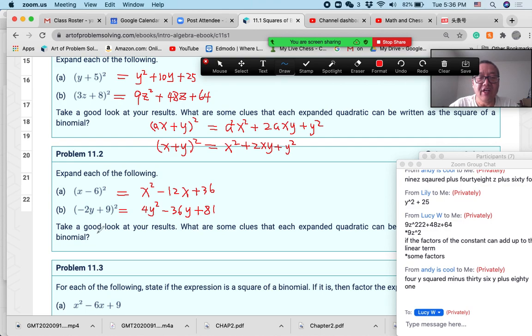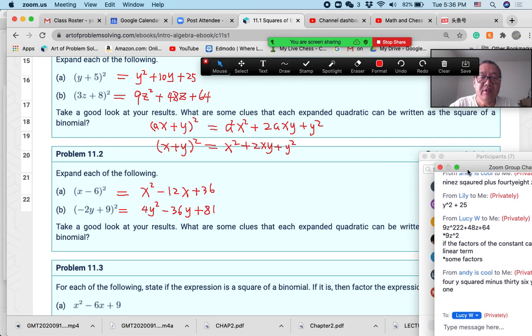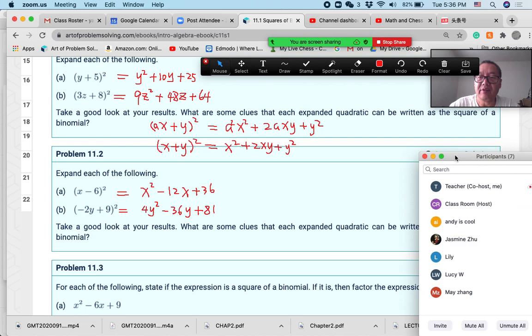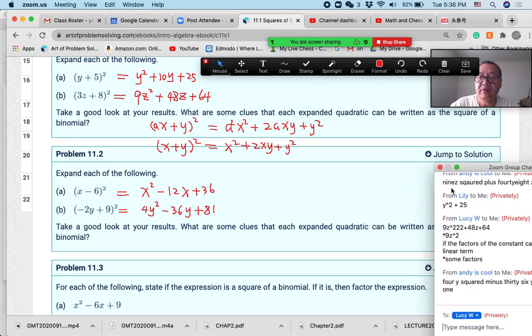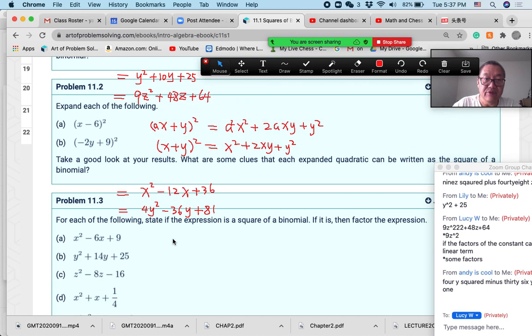They ask you to take a good look at your result. What are some clues that each expanded quadratic can be written as the square of a binomial?